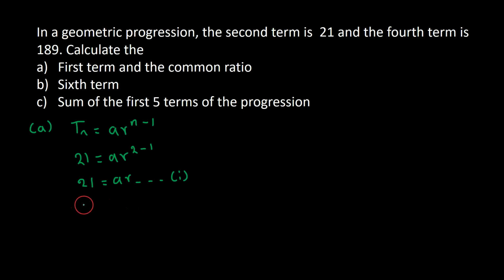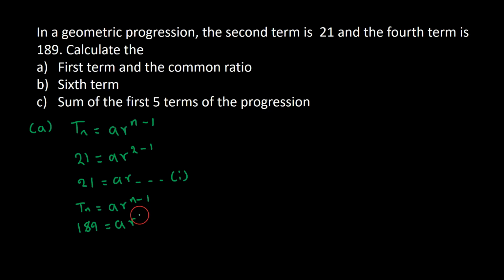Let's formulate the other equation using the fourth term. You can write Tn again, ar to the power n minus 1. So we are using the fourth term, so where there is Tn, we replace with 189 equals ar.